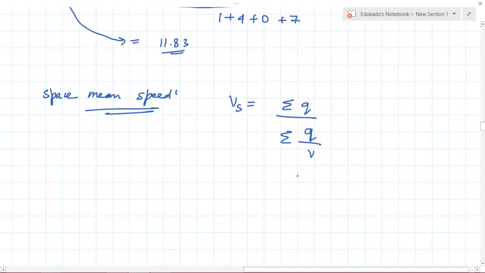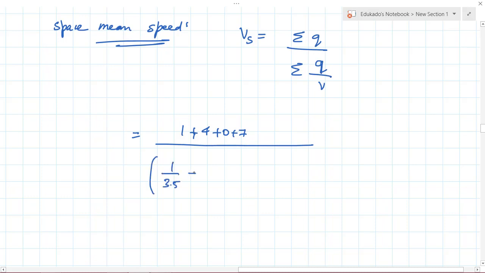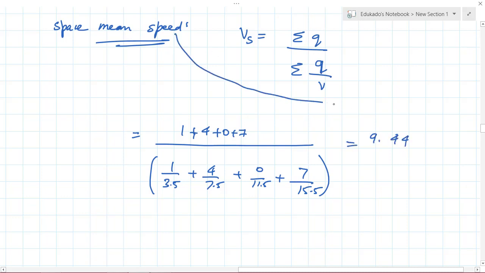So the sigma q will be 1 plus 4 plus 0 plus 7, and then this whole divided by 1 upon 3.5 plus 4 over 7.5 plus 0 over 11.5, which will be 0, plus 7 over 15.5. That's it. You will get the value as 9.44. So here the space mean speed is this. So this was the question.